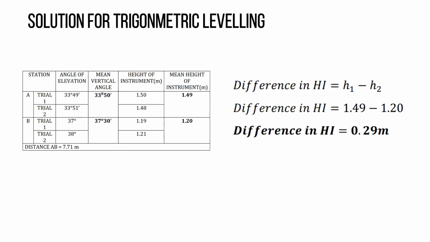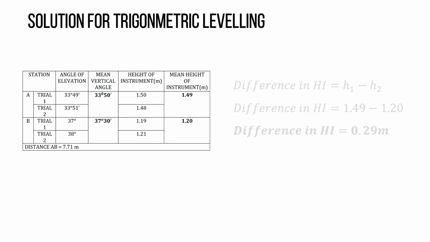Now, to obtain the difference in HI, we simply subtract H1 and H2. So by substitution, difference in HI is equal to 1.49 minus 1.20. That yields the answer 0.29 meter. Now, to get the value of x, we need to perform the trigonometric function, specifically the tangent function.